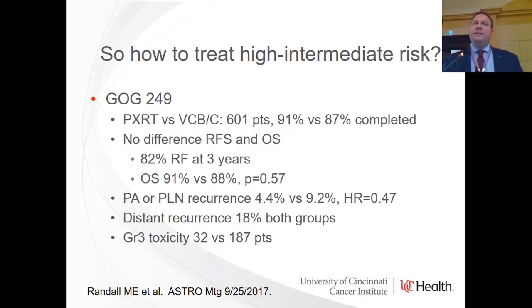The incidence of recurrence in the pelvic or periaortic lymph nodes was significantly higher in the patients who got vaginal cuff brachytherapy and chemotherapy, with a significant hazard ratio. The distant recurrence rate was the same in both groups, and the grade 3 toxicity was significantly higher in the patients who'd received chemotherapy. So some provocative early findings.